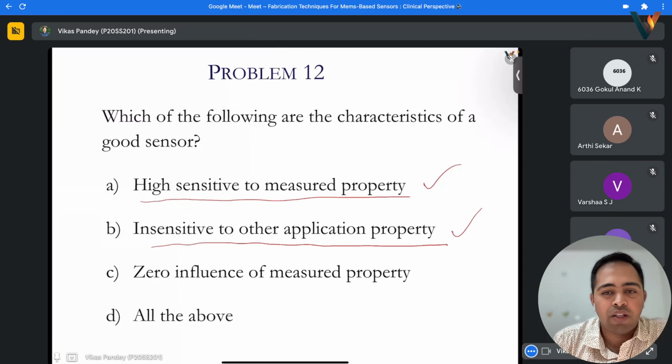So what does this mean? Should there be zero influence of measured property?